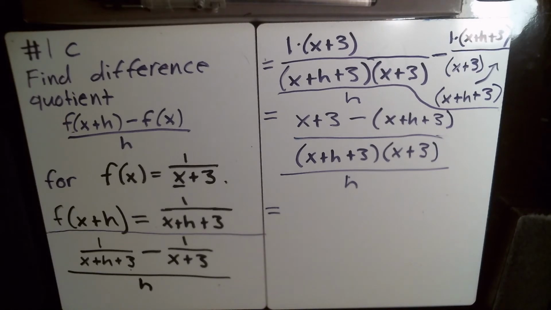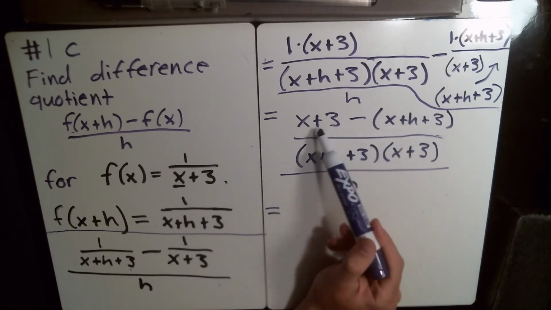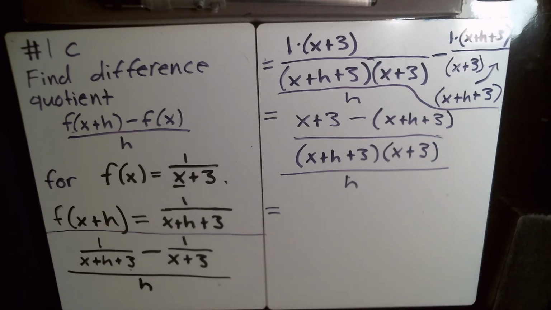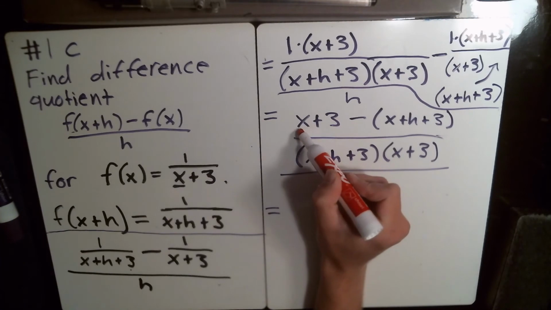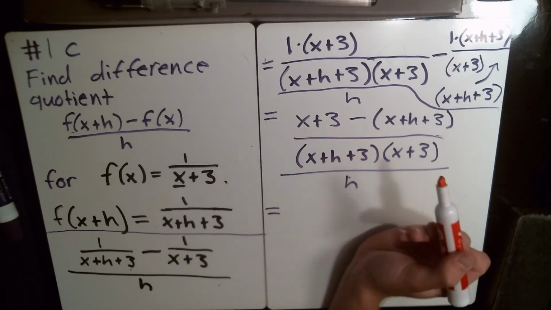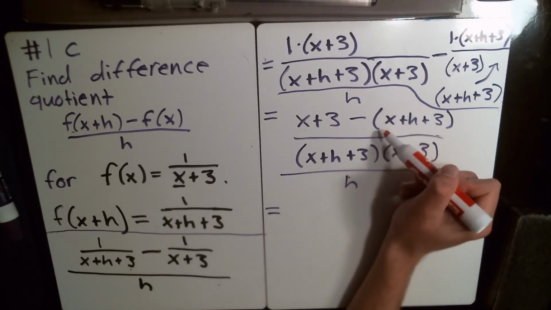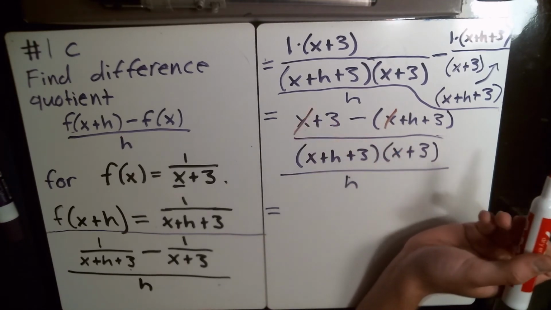So what do we end up getting? Well, we can simplify this top a little bit now. If you'll notice, we have an x up top, we have a minus x over here, so those two cancel out.